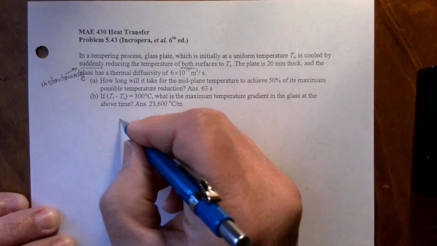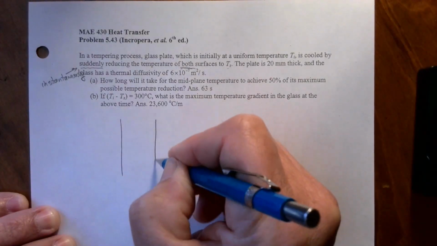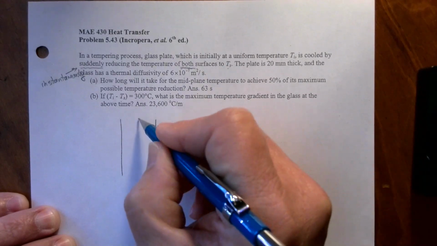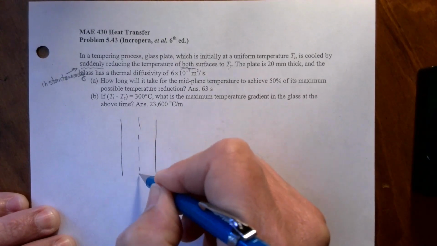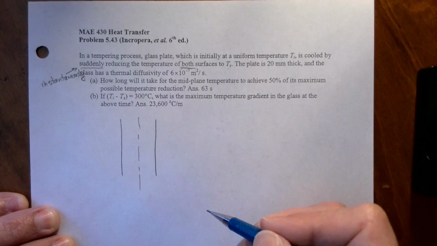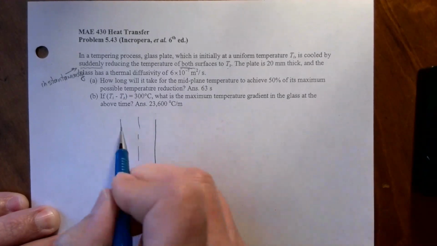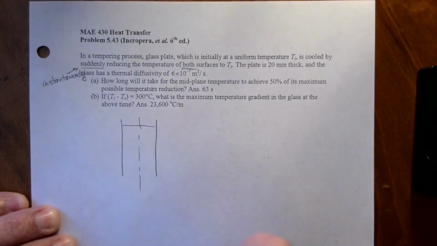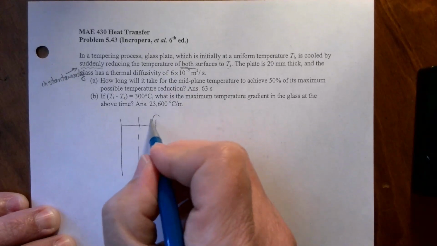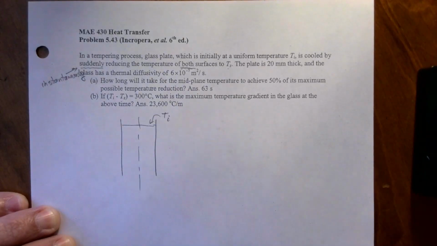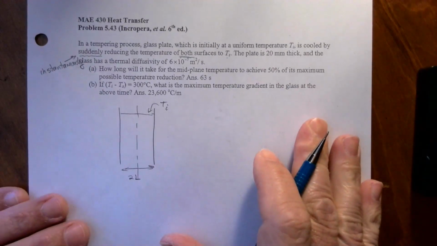Okay, so let's draw this. Here's our glass thickness. We're going to assume symmetry. We'll start with an initial condition: a uniform Ti throughout the entire thickness. Let's call that 2L all the way across.